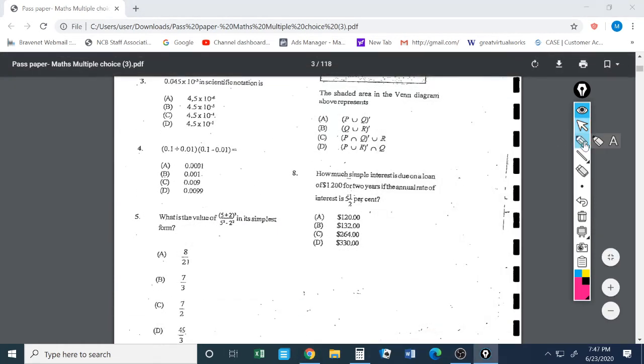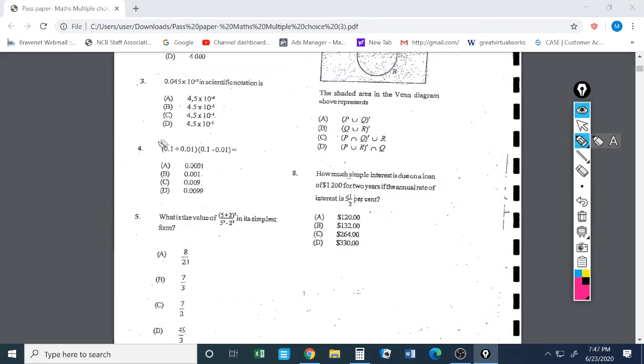We're going to look at number 4 now, guys. Number 4 says 0.1 plus 0.01 multiplied by 0.1 minus 0.01. So we're going to end up with 0.11 multiplied by 0.09. We should actually end up with 0.0099.